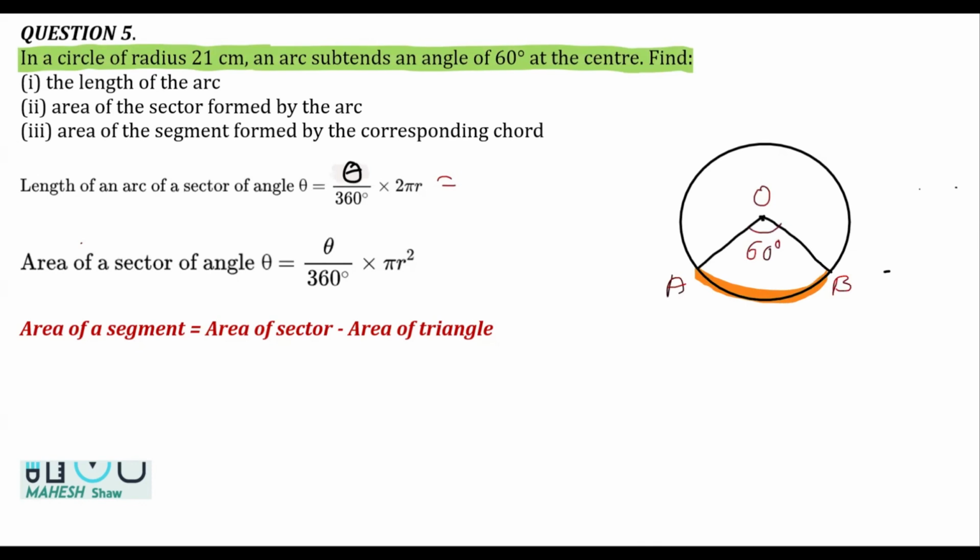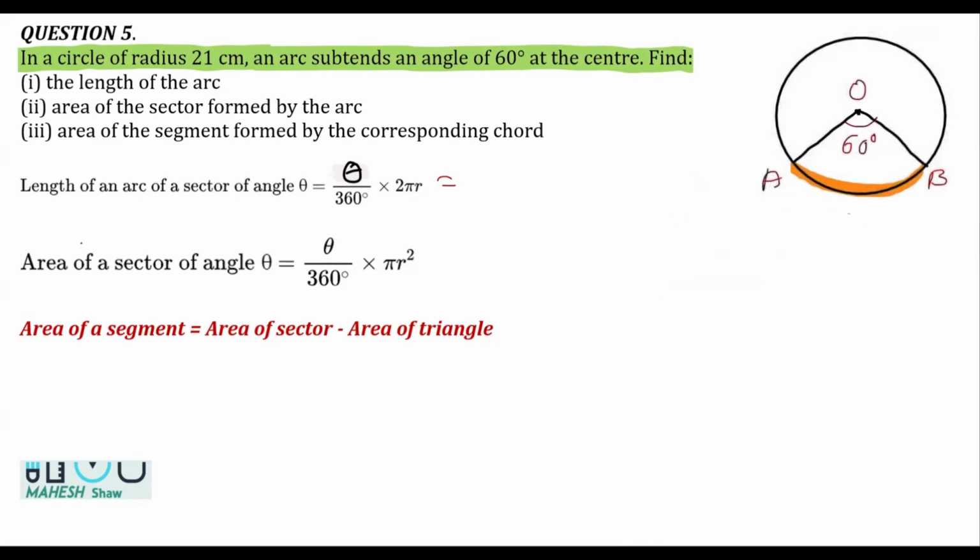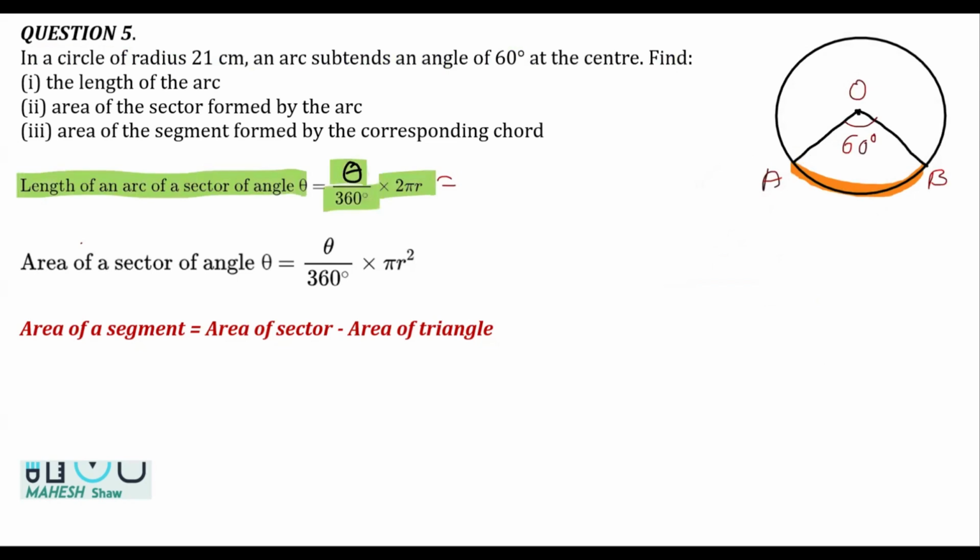Now, once we got this information, let's see the first question they're asking. As you can see, I've already written all the information regarding the formula. So in the first case, we have to find the length of the arc, which is theta over 360 into 2 pi r. So we have theta as 60°, so I can say 60 over 360 into 2 pi r. 2 pi is replaced with 22 upon 7, and the radius is 21.